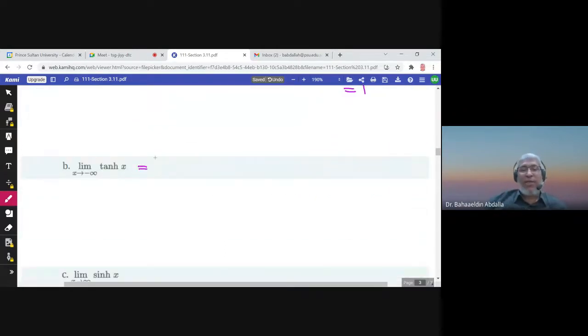It is the same here, but x approaches negative infinity. And when x approaches negative infinity, e to the power negative infinity would be 0. So here you will have 0 minus infinity over 0 plus infinity. And here you need to divide by e to the power negative x, not e to the power x. So I will multiply by e to the power x over e to the power x.